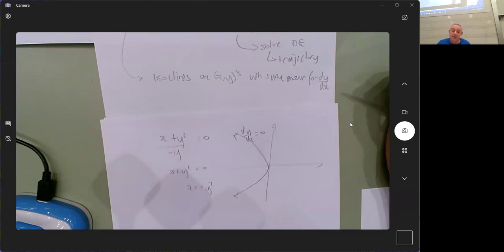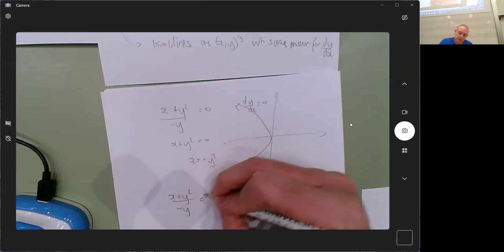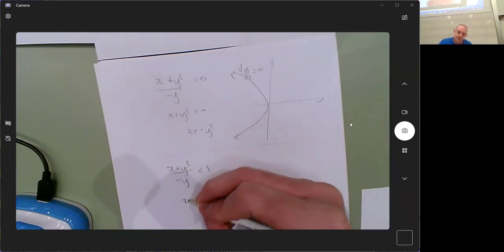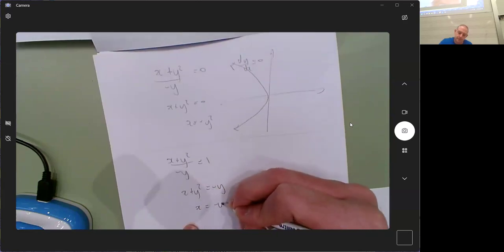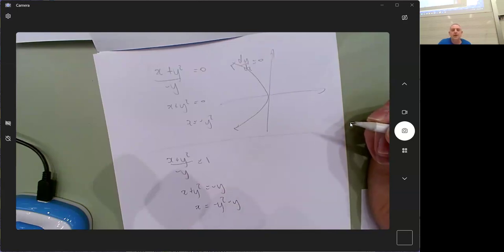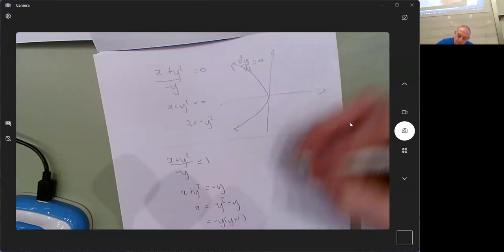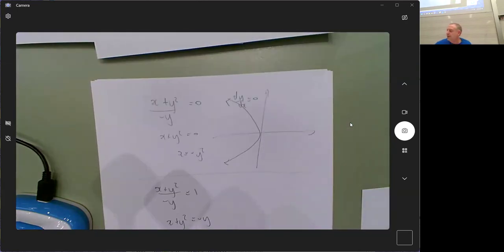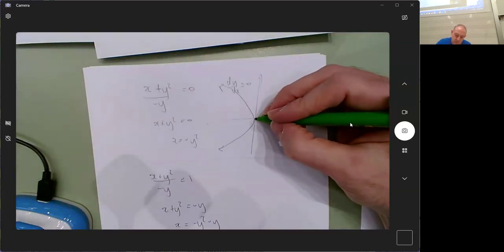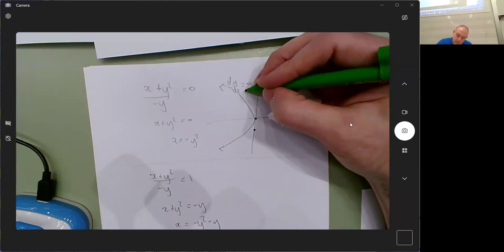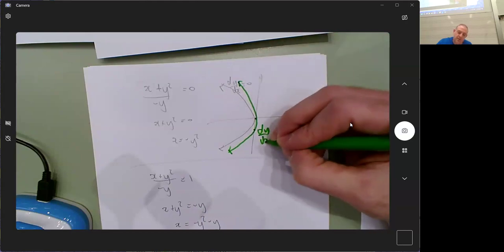But if I wanted it to come out to 1, that'd be a whole other thing. I have to graph that. And I just do that one in a different color. So this one is where dy on dx comes out to 1.